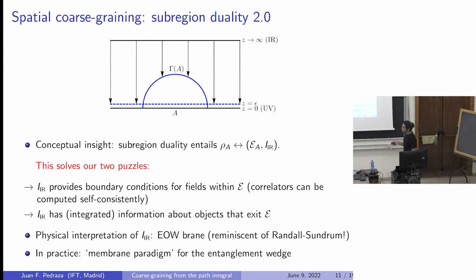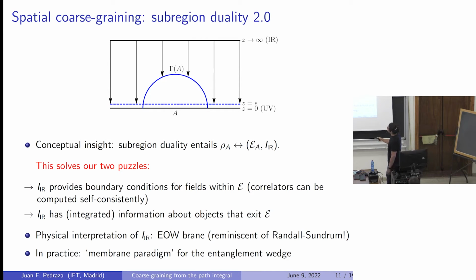In the field theory, when you compute a reduced density matrix, it is important to specify the subset of degrees of freedom that you want to trace out. But it is also important to specify what the global state is. And it is only once we know what this infrared action is that we actually know what the global state was that we started with.